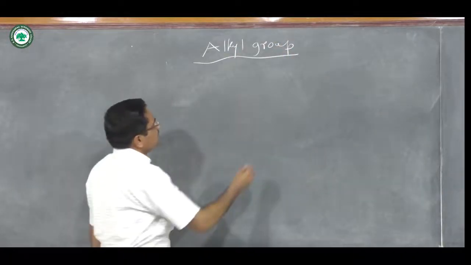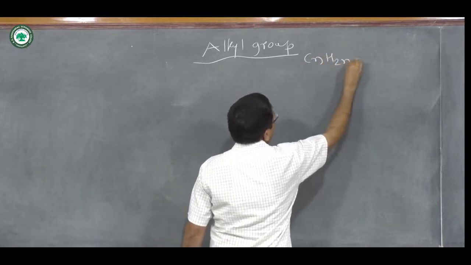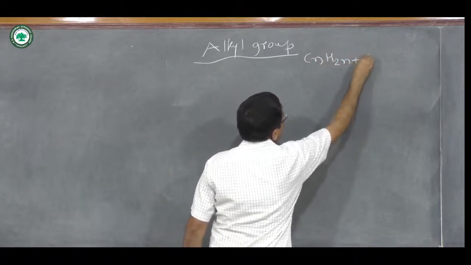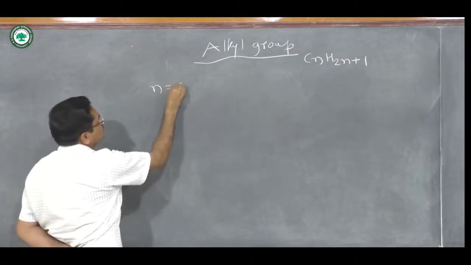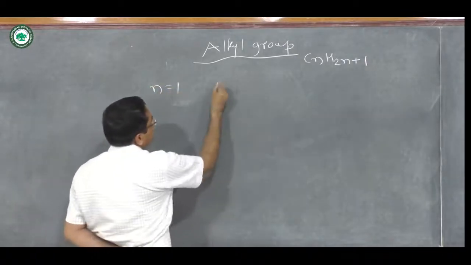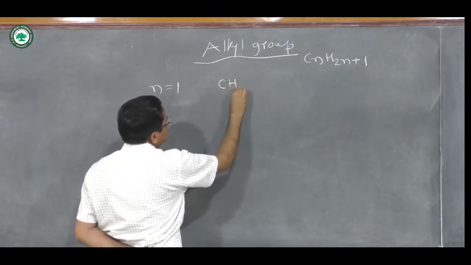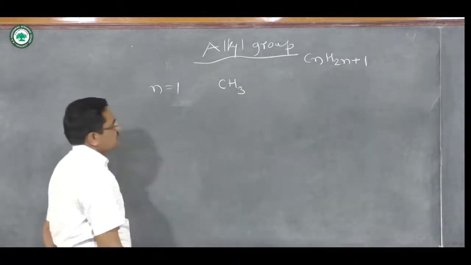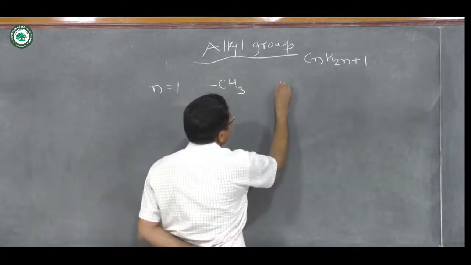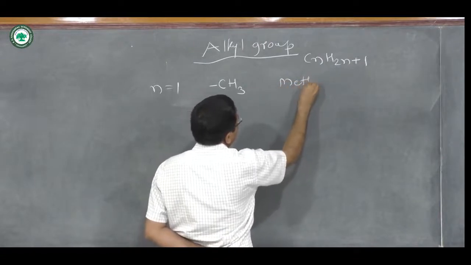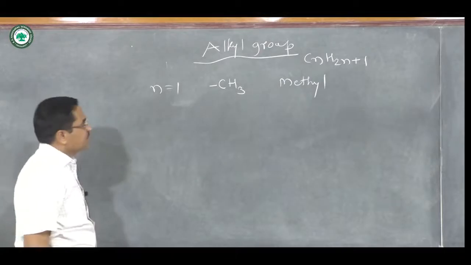The formula of this alkyl group is CnH2n+1. Now suppose n equals 1, then CH3, this group is called methyl group.